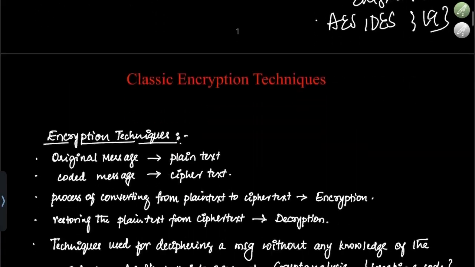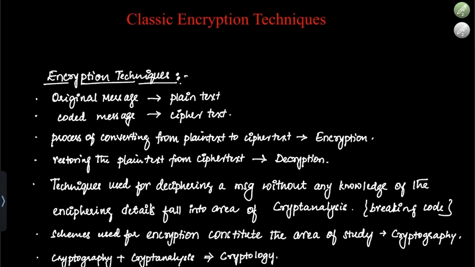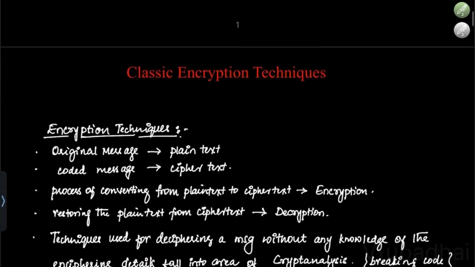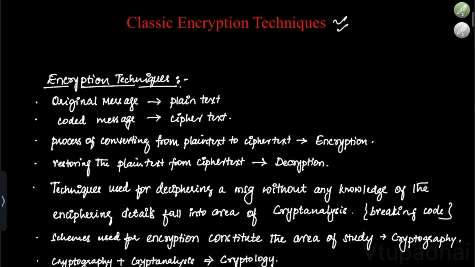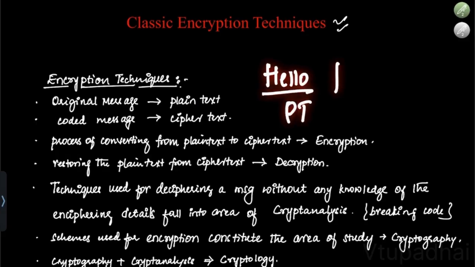Let's move further. We'll now understand the classic encryption techniques. Firstly, the basic definitions. What is plain text? Plain text comprises the original text, and ciphertext is the encoded text. Suppose I send hello, this is plain text, understandable original text.